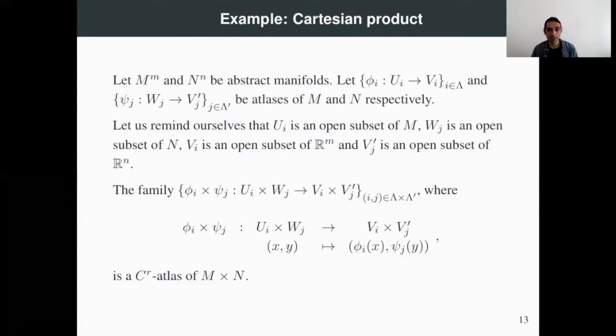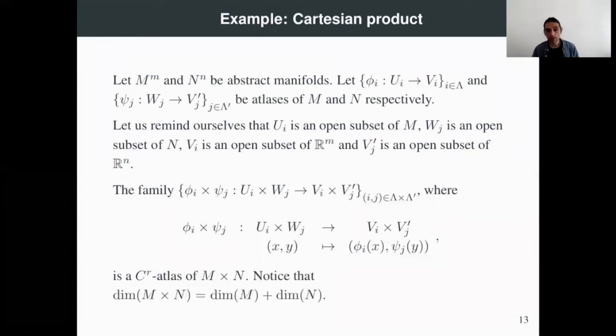It's just realizing how the fact that the phi sub i's form an atlas for M and the psi sub j's form an atlas for N can be combined to understand that these maps over here are the elements of an atlas of the Cartesian product. The calculations are fairly simple.